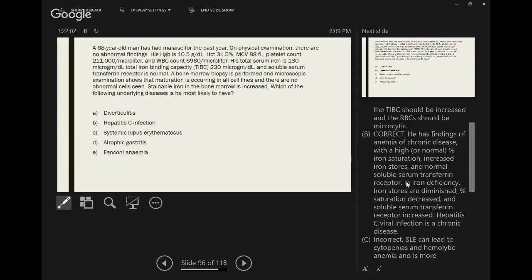And I think total iron binding capacity is decreased as well. Okay, but this is one of the ones where if you don't recognize the other answers, it's probably the one you do recognize.